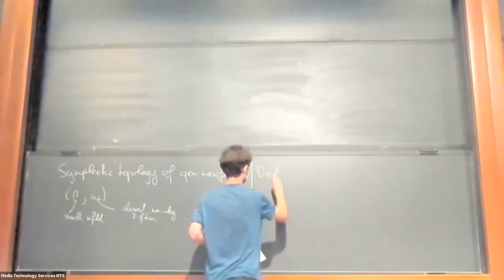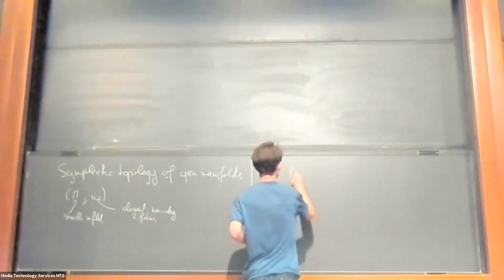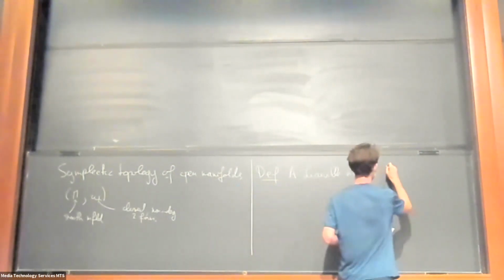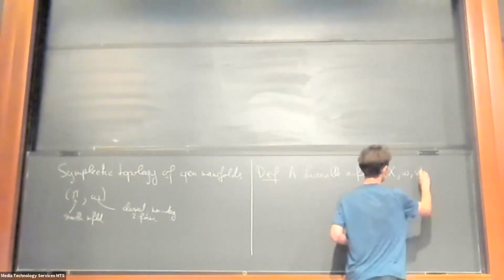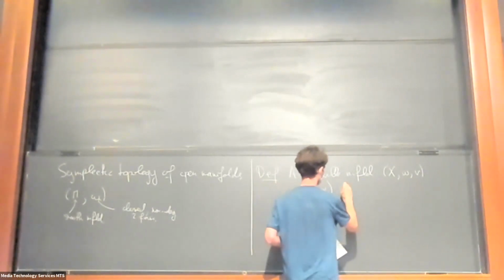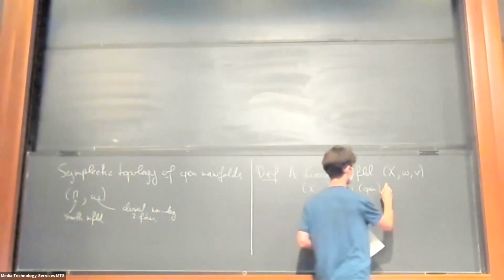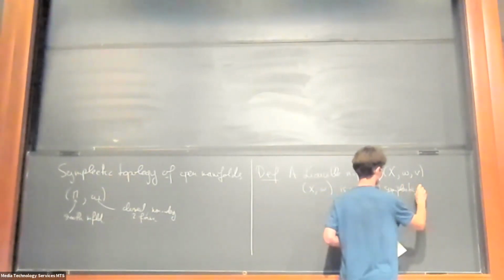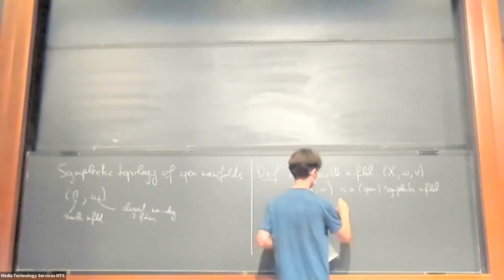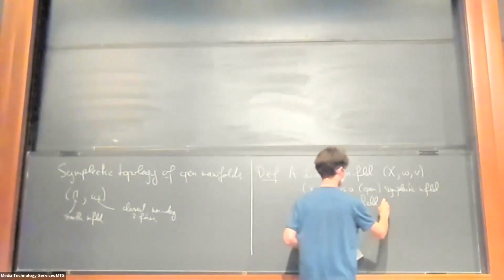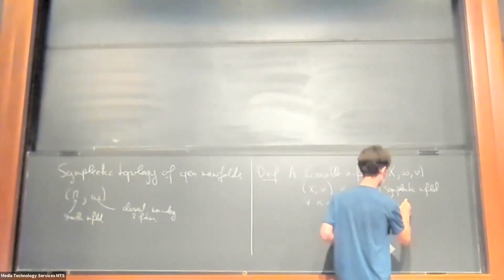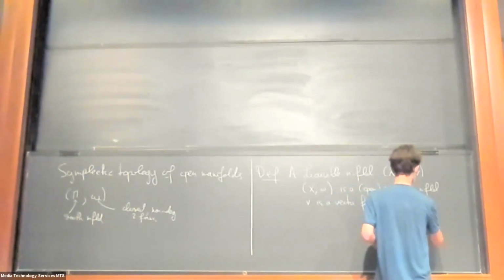So the definition of a Liouville manifold is the following. A Liouville manifold is a triple (X, omega, V), where (X, omega) is an open, necessarily open, symplectic manifold, and V is a vector field on X satisfying the equation that the exterior derivative of the interior product of V with omega gives back omega.